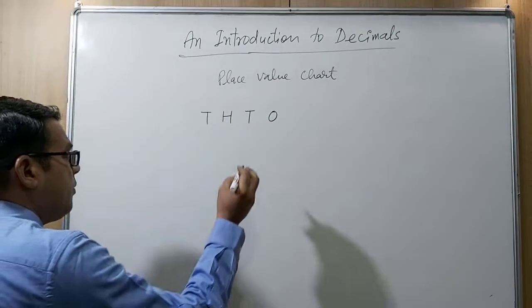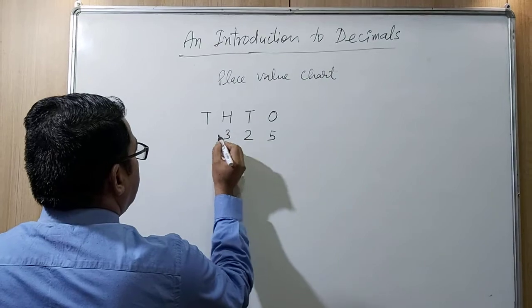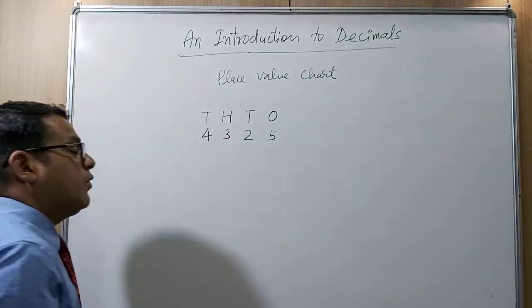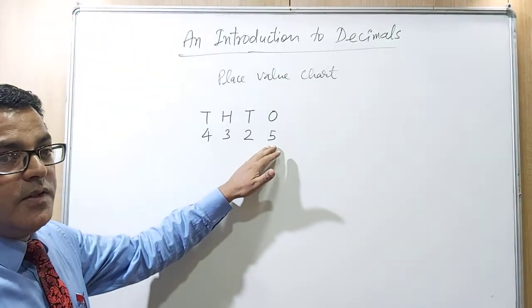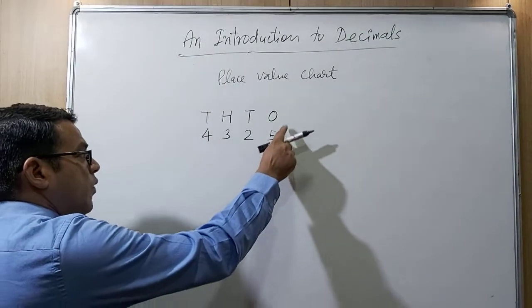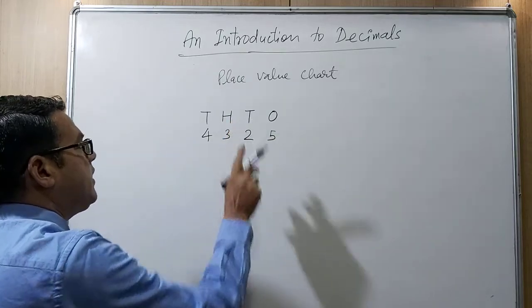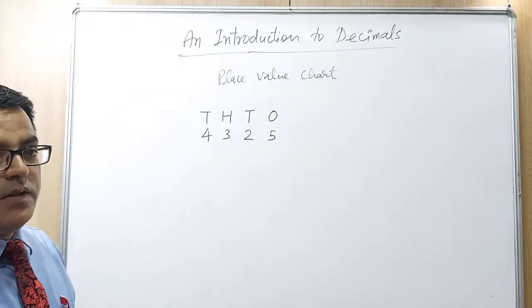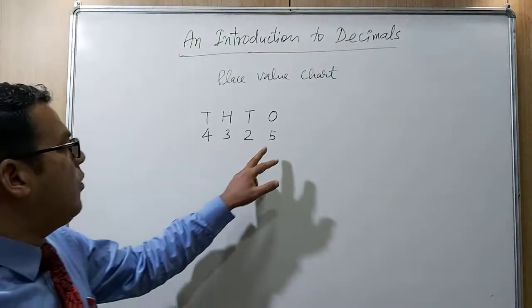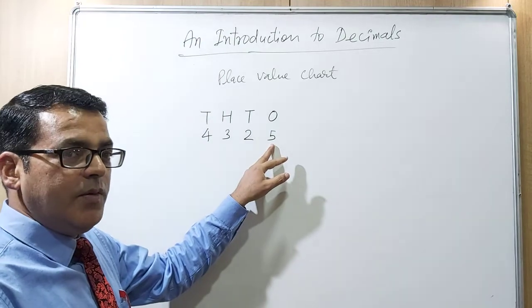Suppose a number is there, 5, 2, 3 and 4. So you can see here 5 is at ones place, 2 at tens place, 3 at hundreds place and 4 at thousands place. Right? It means the place value of this 5 is 5 into 1, which means 5 only.